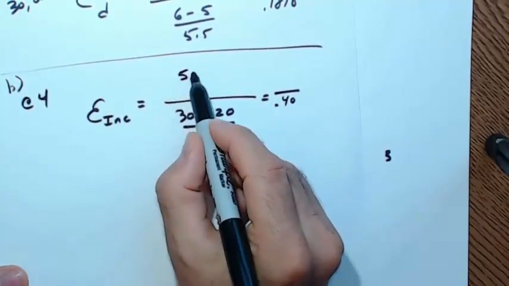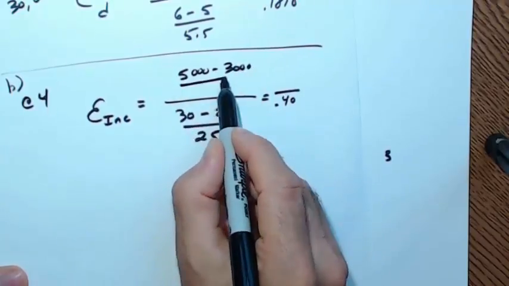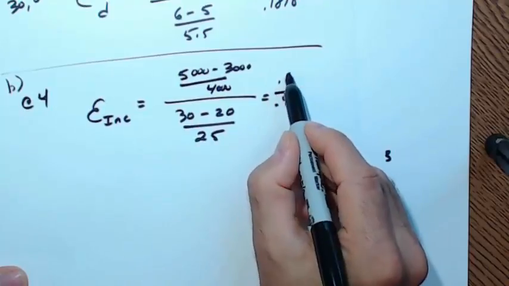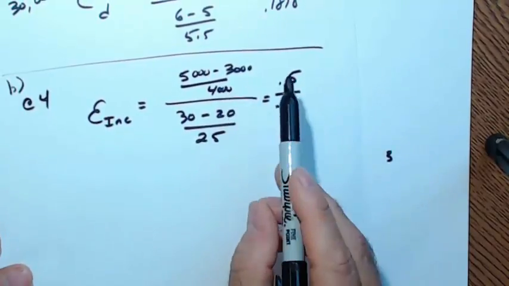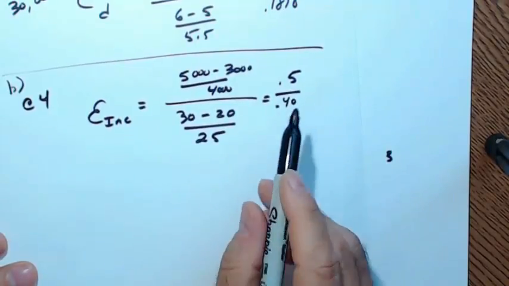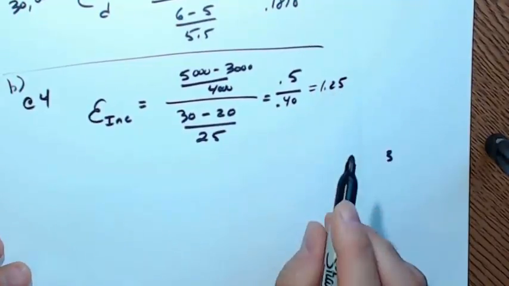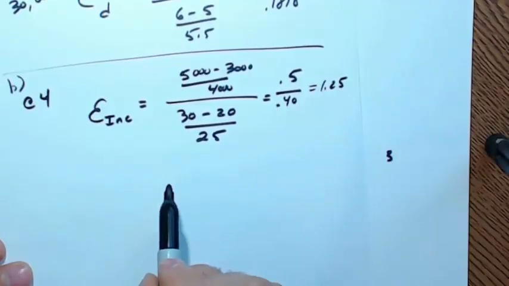So 5,000 minus 3,000 divided by the midpoint of 4,000 gives us a 50% increase in quantity demanded. So your income goes up by 40%, quantity demanded goes up 50%. That's greater than 1, so it is elastic.